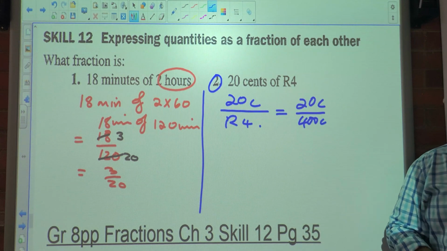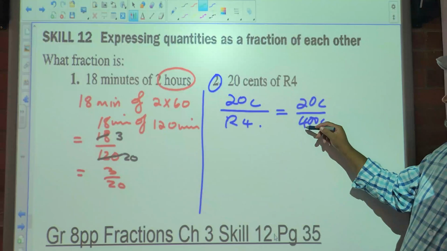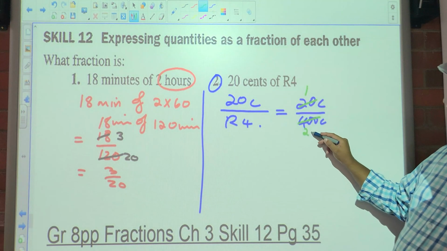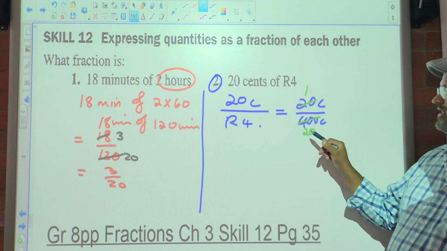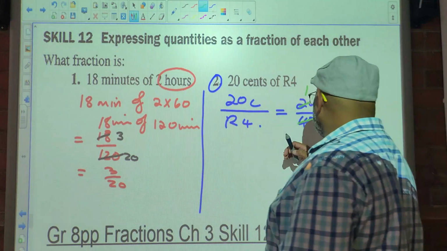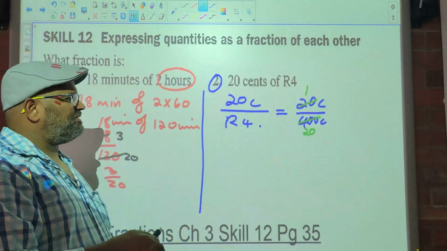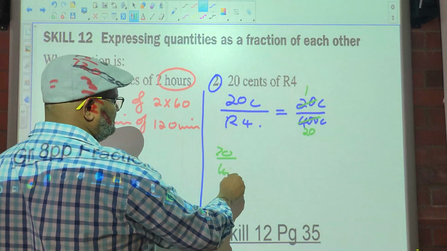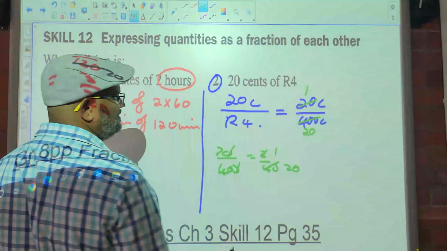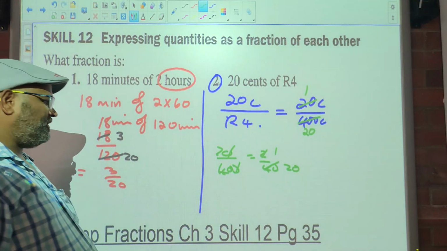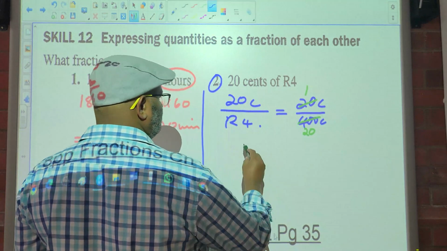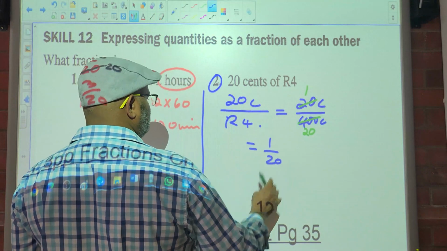What number goes into both? 20. 20 goes into 20 once, 20 goes into 400 20 times. You all agree with that? Otherwise you could have first divided both numbers by 10, and that gives you 2 over 40, and then 2 goes into 2 once, 2 goes into 40 20 times. So what's my answer here, people? 1 over 20.